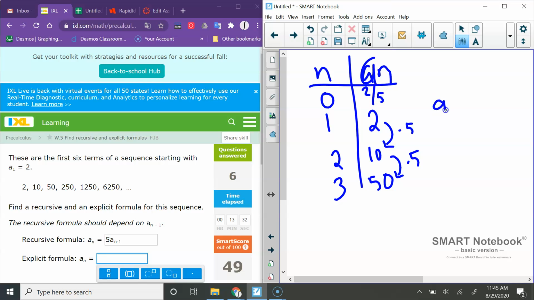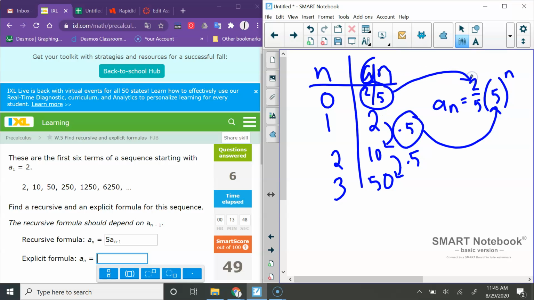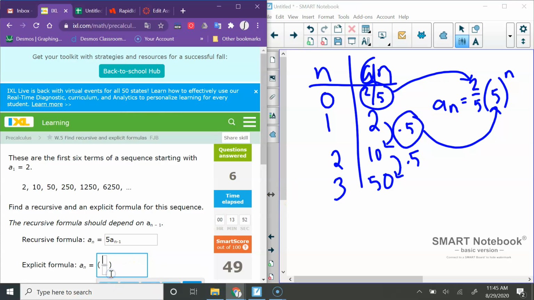So our formula is going to be a sub n equals 2/5 times 5 to the n power. So that number you're multiplying by, that is your base for your exponent. Your 0 term, that's your a value here. So let's type that in here. Let's see, 2/5 times 5 to the n power.